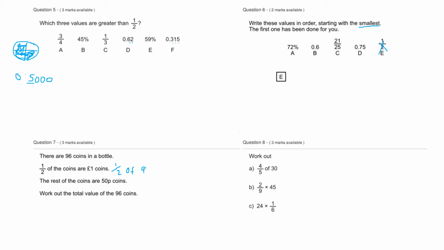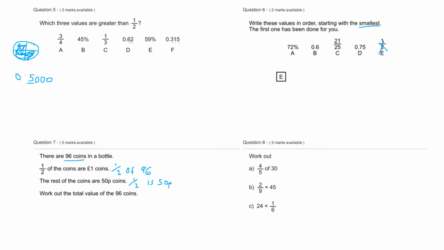Well, if half of 96 are £1 coins, then the other half is 50 pence. So there's the same amount of 50p's as there are pounds. So all you need to do is half 96, because half of them are pound coins and half of them are 50p coins. Once you've done that, you can work out the value.